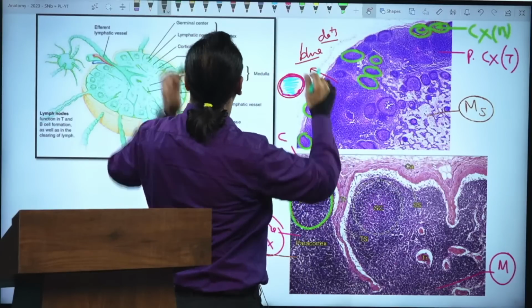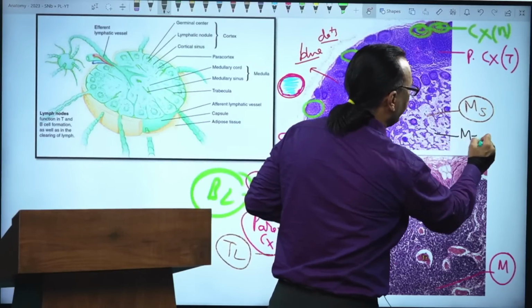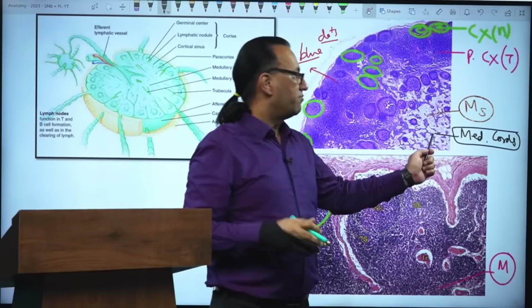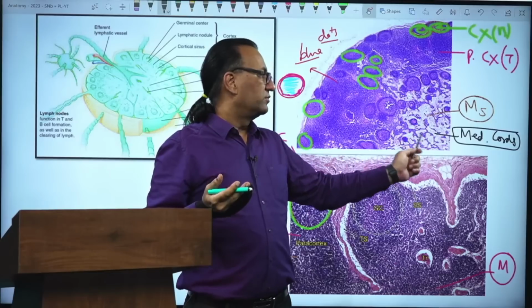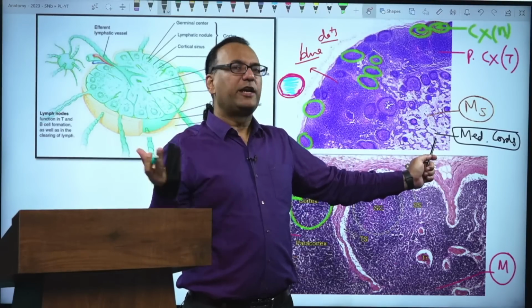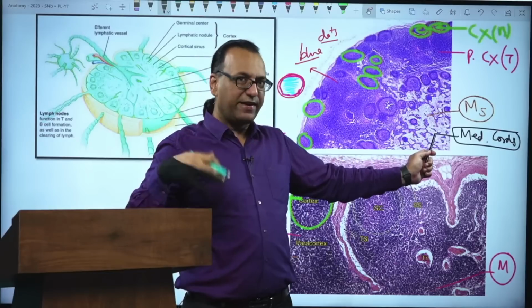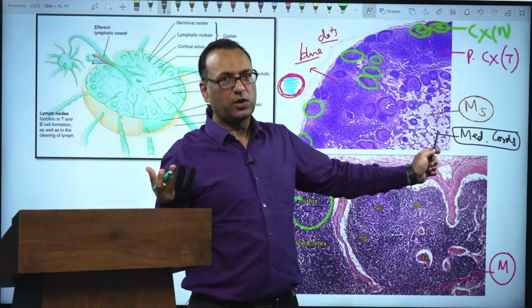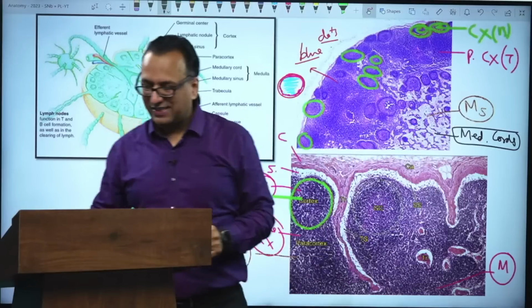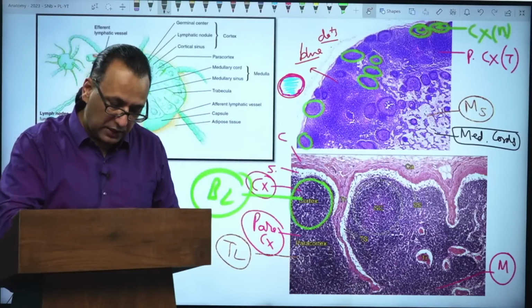Basically, for immunity purposes, they are giving you antibodies, because a plasma cell is a modified B lymphocyte only. So this is how you identify the lymph node.